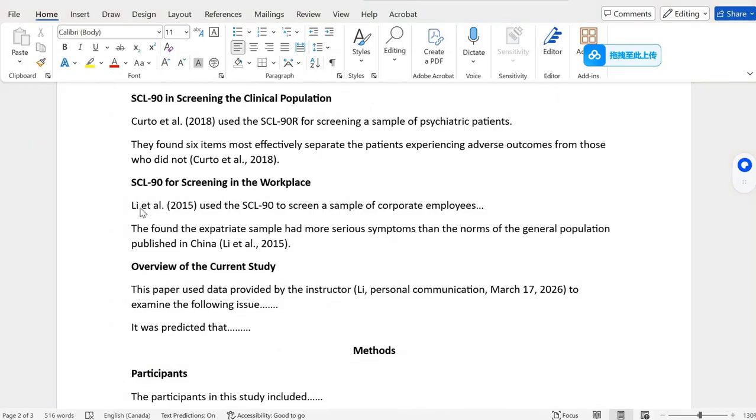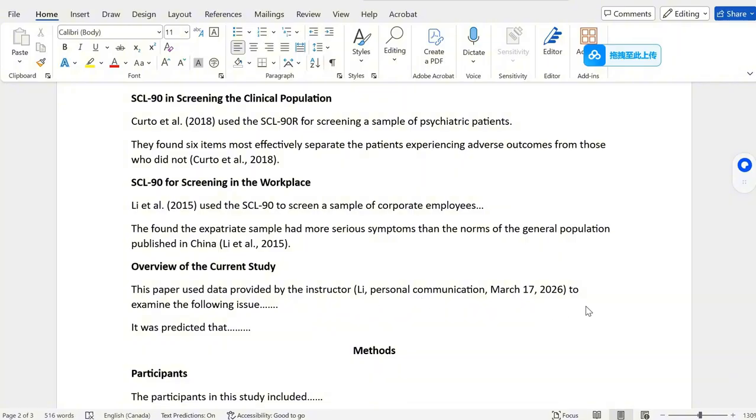After writing about the Lee et al. paper, it is natural to lead into the overview of the current study. The current study may be considered a continuation of the Lee et al. 2015 study.